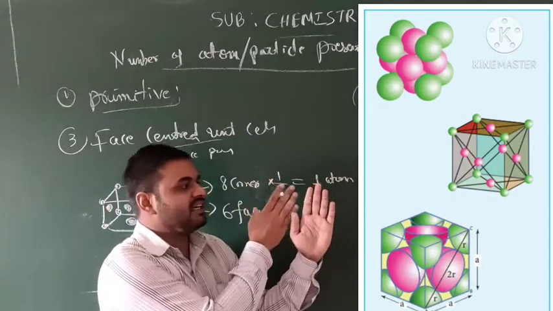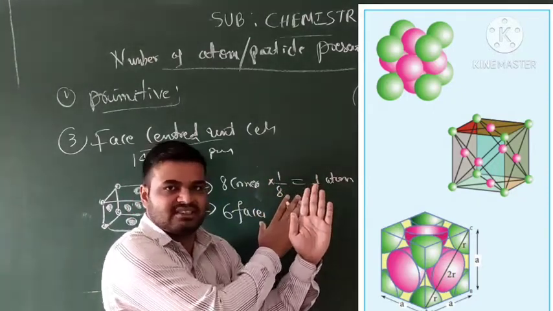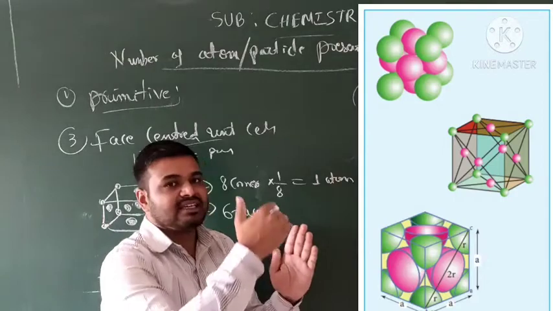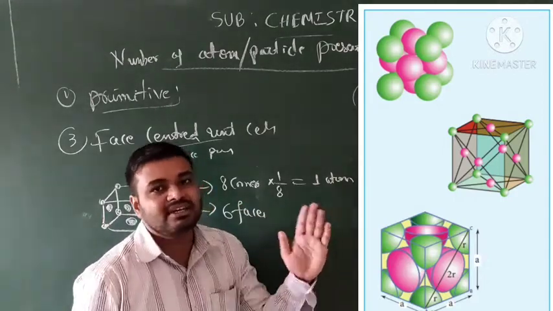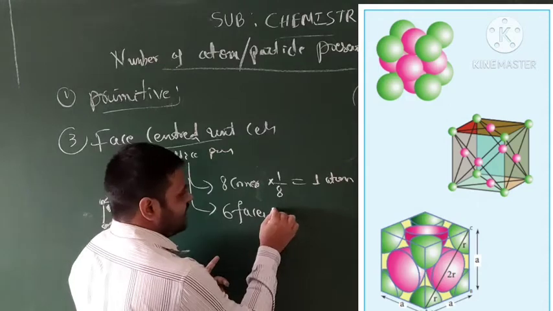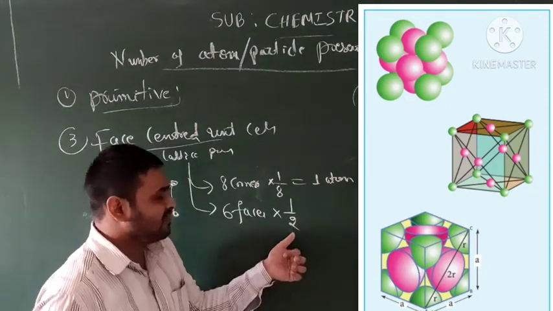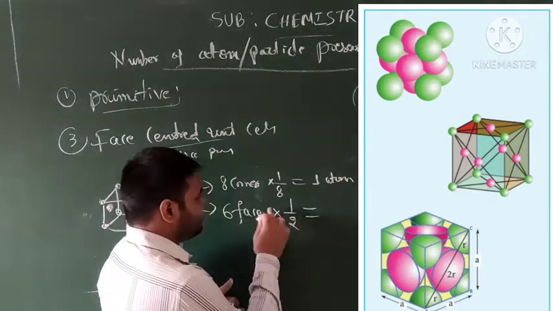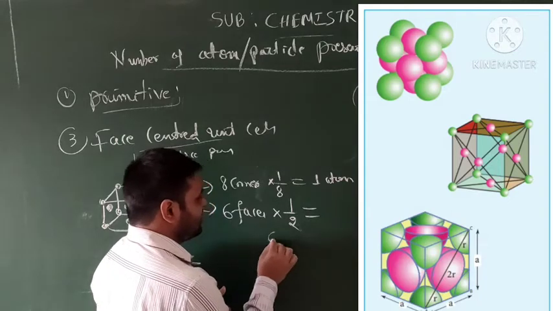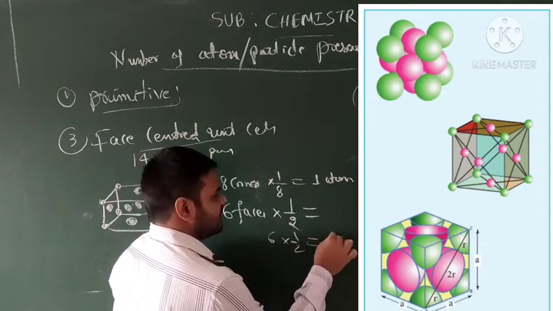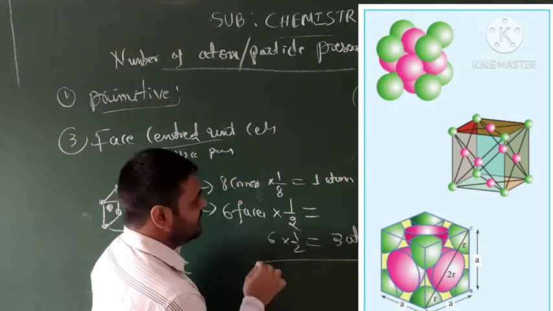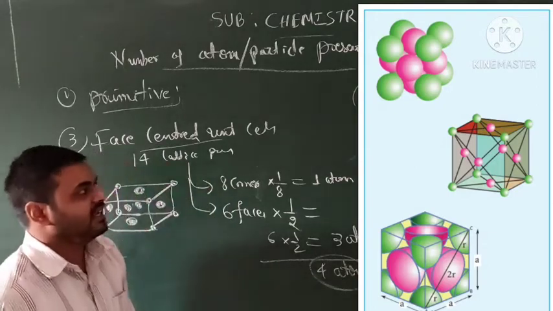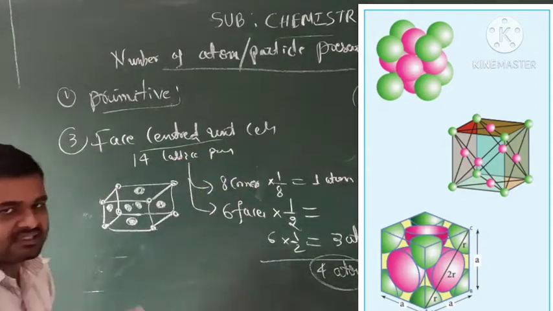The remaining half of the part is in the backward position. So we can observe only half of each face. That makes 6 faces times 1/2, which is 3 atoms. Total 3 plus 1, 4 atoms are present in a face centered unit cell.